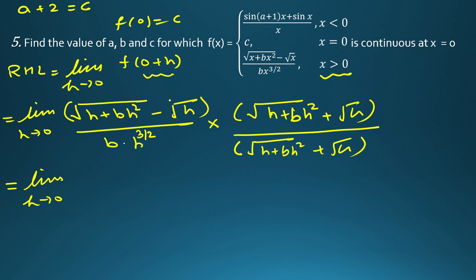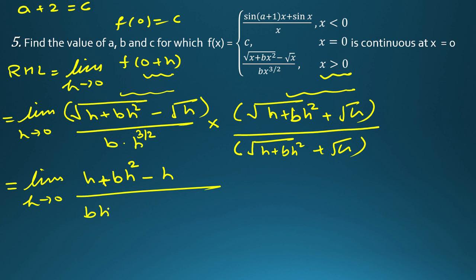Okay. Now you see numerator is in the form of (a minus b) times (a plus b). So it will be a square minus b square. So h plus bh square minus h, that is a square minus b square, means bh square over b h to the power 3 by 2 times (root of h plus bh square plus root h). Okay, you see here I think we can take something common as well.